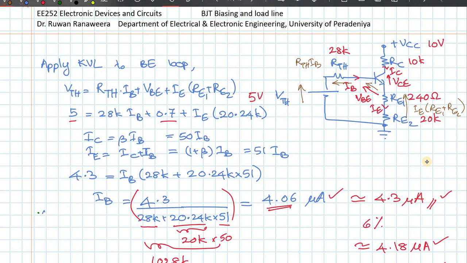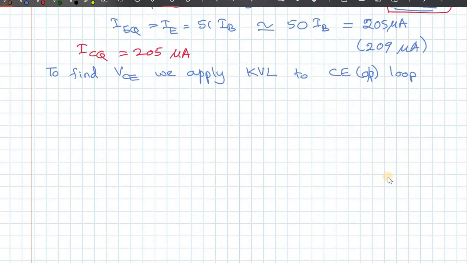What we need is this loop over here. In that loop, what are the voltages we have? We have the voltage here, and then we have VCE, and then we have ICRC, which is equal to VCC. Those are the quantities that will come in my equation.